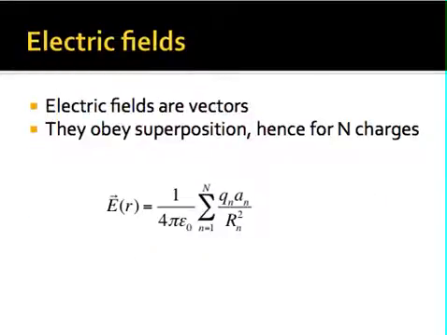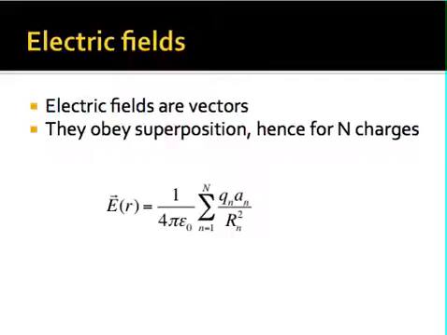So a couple of things to note. First of all, electric fields are vectors, and because they're vectors, they're also linear. They obey superposition. So if you had n different charges, you could find the electric field at a given point by summing up the individual electric field contributions of each individual charge.